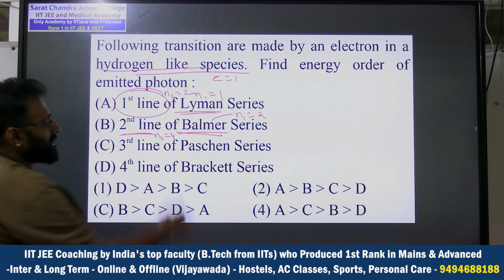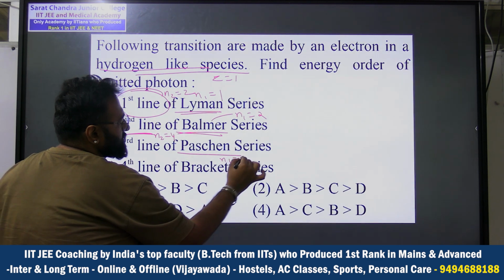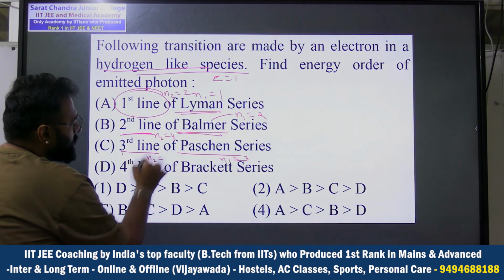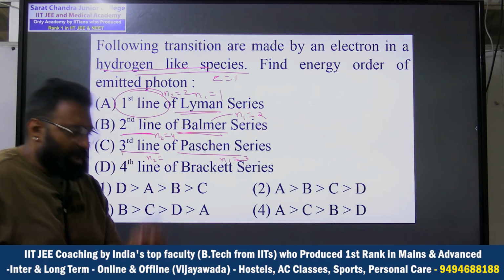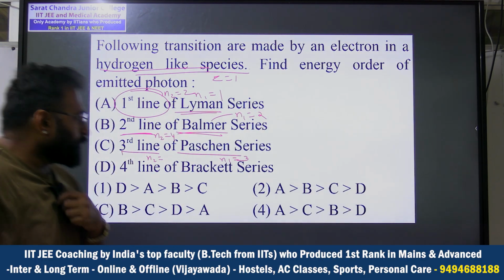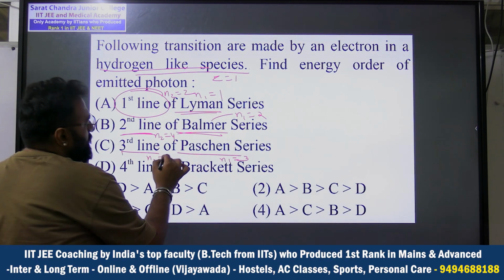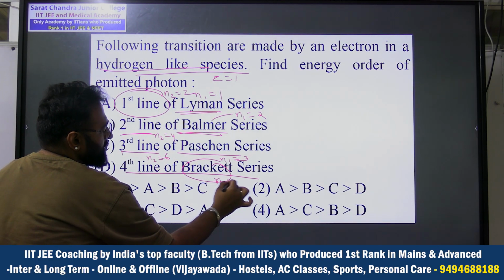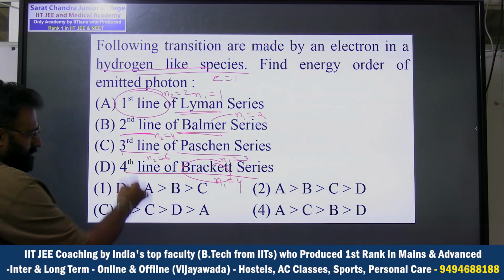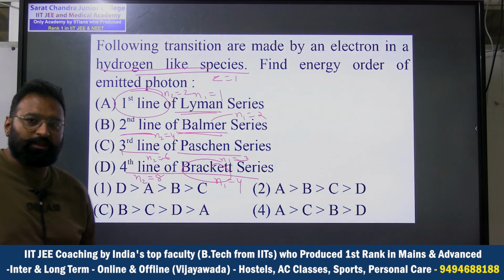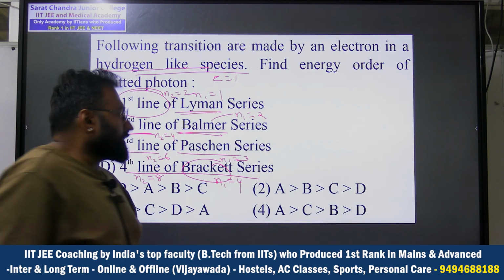For the Paschen series, n1 is 3 and for the third line, the first line will be 3 to 4, second line 3 to 5, third line 3 to 6, so n2 will be 6. And for the Brackett series, n1 is equal to 4, fourth line, so n2 will be 8.